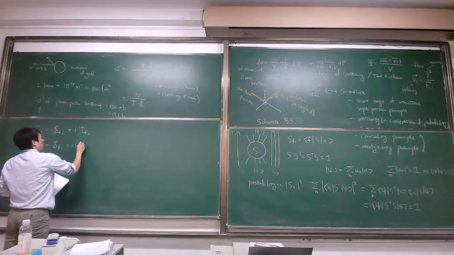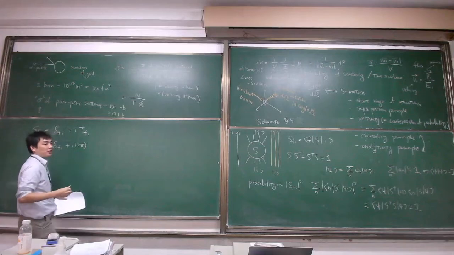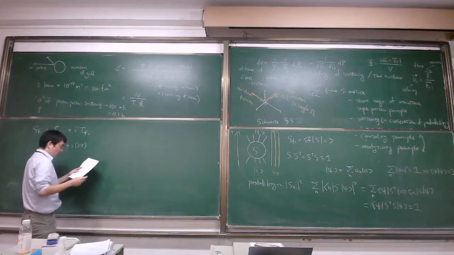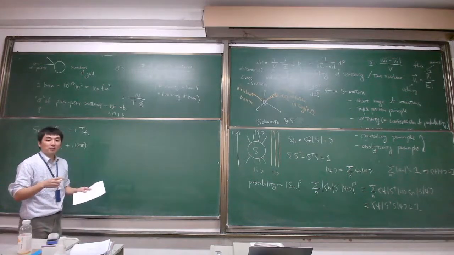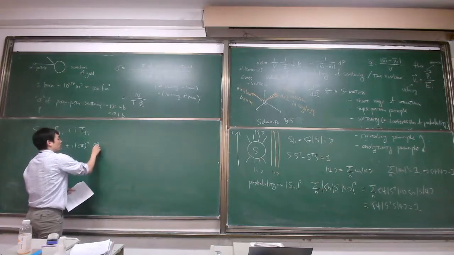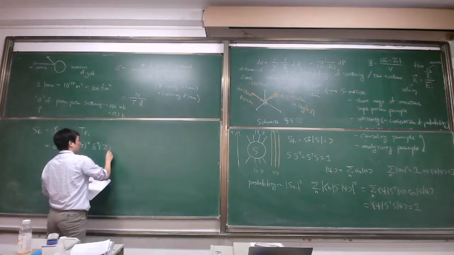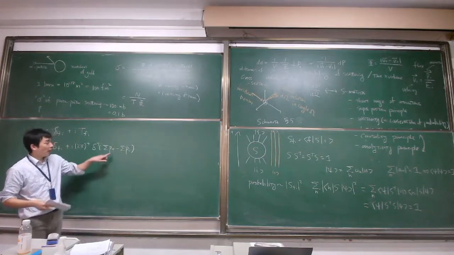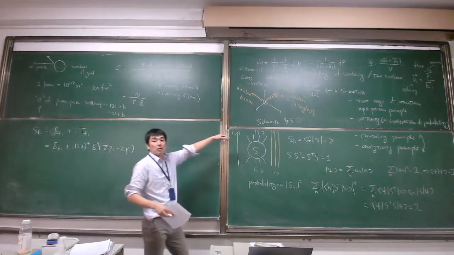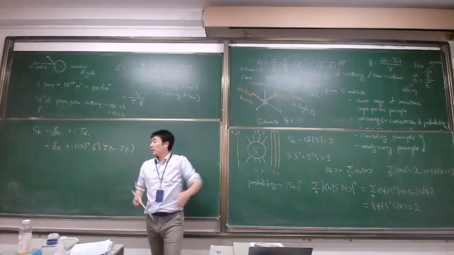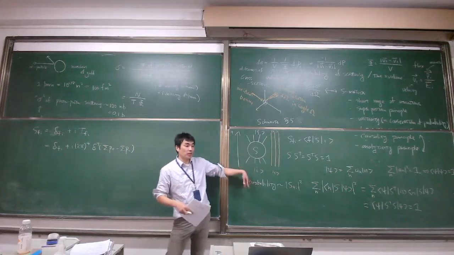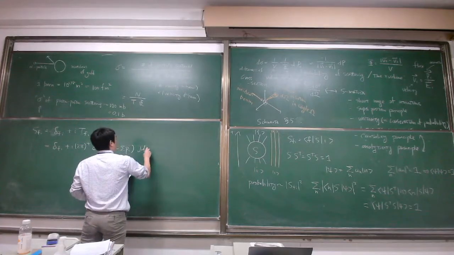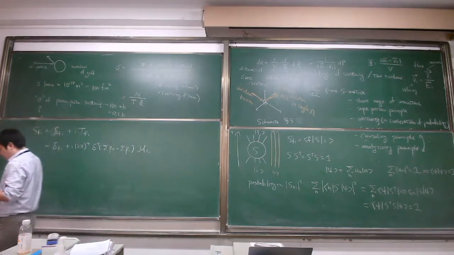Plus i times 2 pi delta 4 of sum PF minus sum of PI. Actually the property holds in any dimension, and in my lecture note I wrote any dimension. So this is the conservation of momentum. PF is the sum of all momentum in the future infinity. PI is the sum of the momentum in the past infinity. And then we have the amplitude M_Fi. That's the form I would expect.